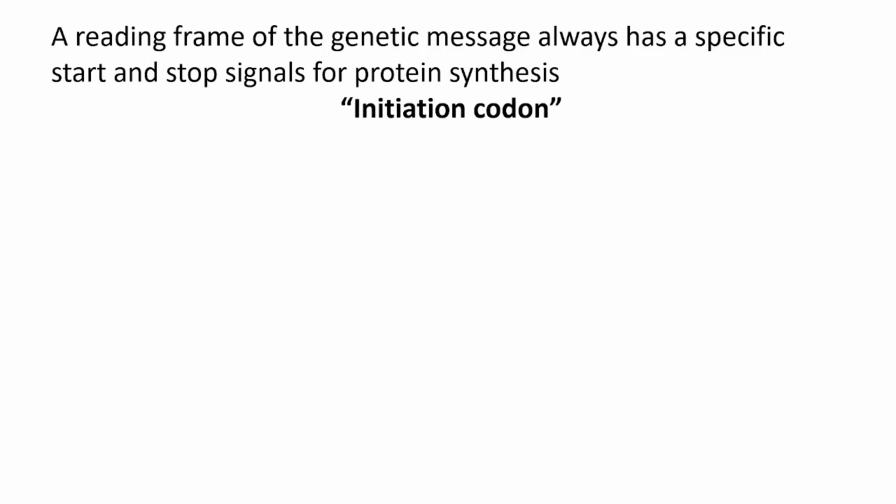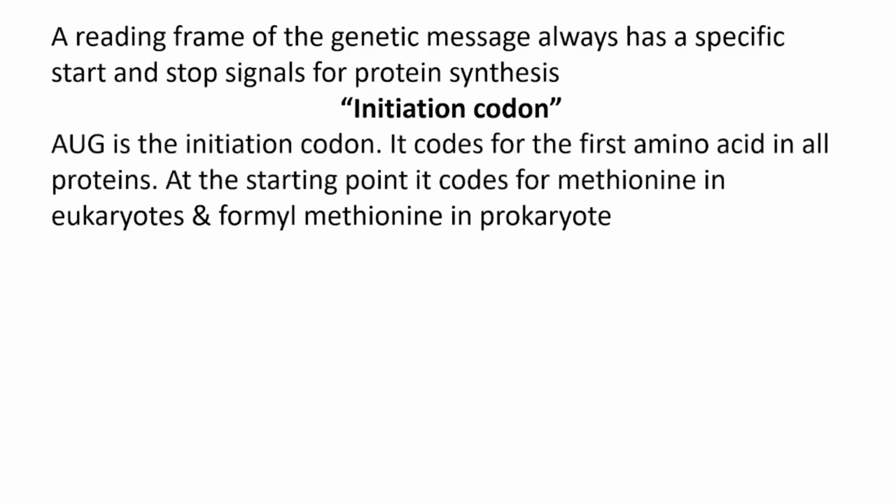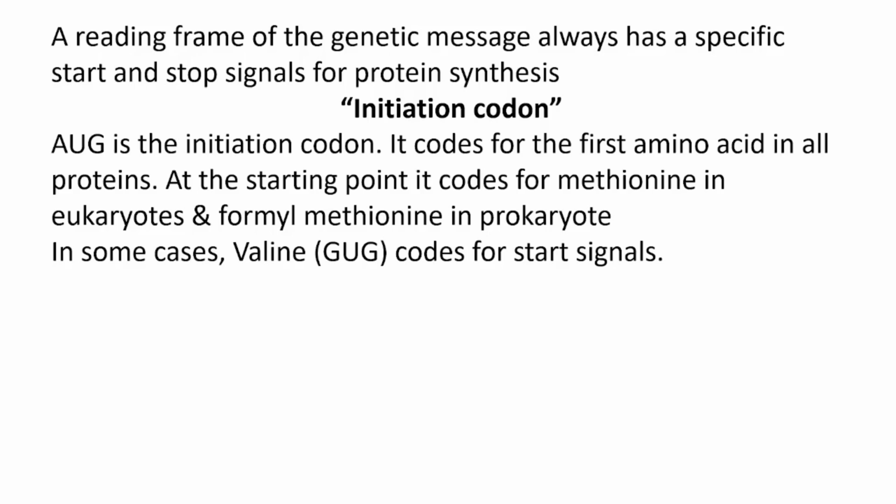Let us see what these initiation codons are. AUG is the initiation codon. It codes for the first amino acid in all proteins. At the starting point, it codes for methionine in eukaryotes and formylmethionine in prokaryotes. In some cases, however, valine, that is GUG, codes for the start signal.